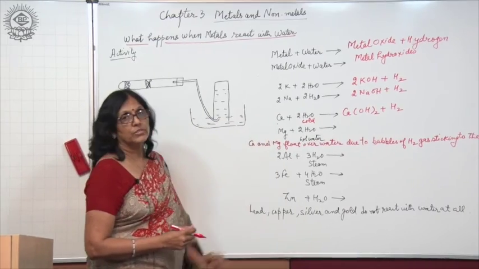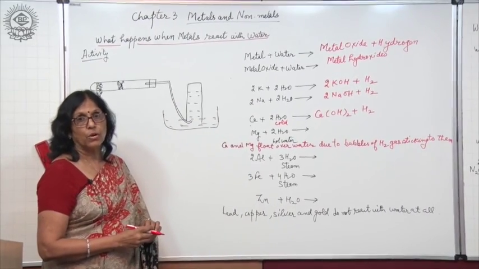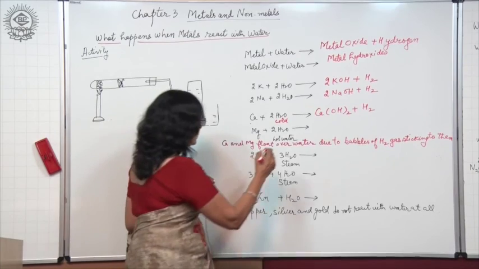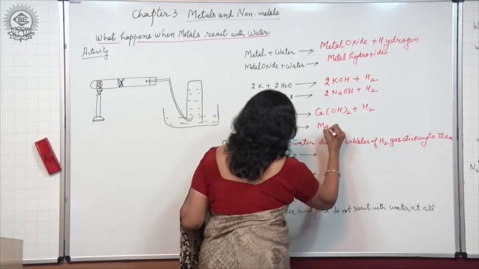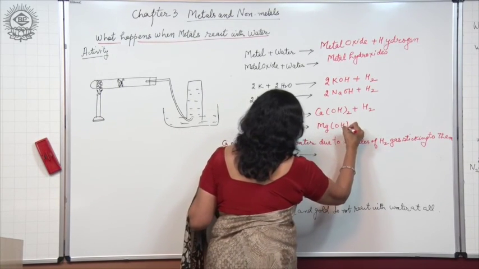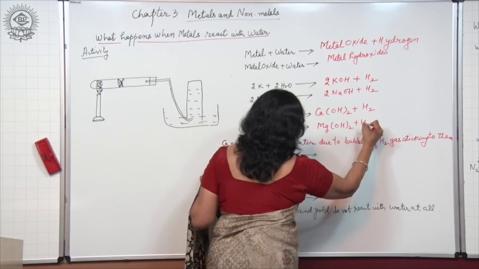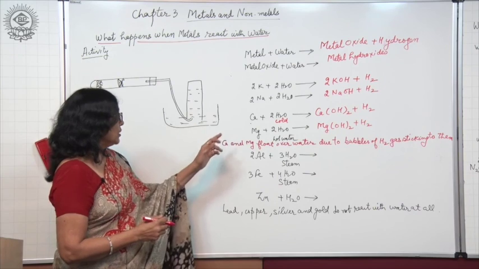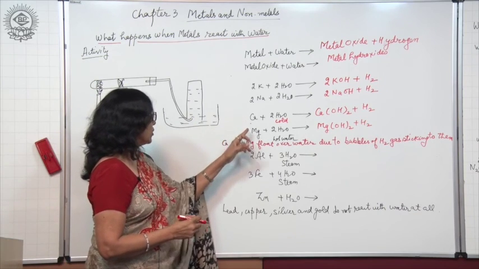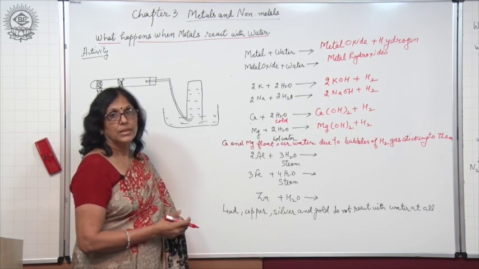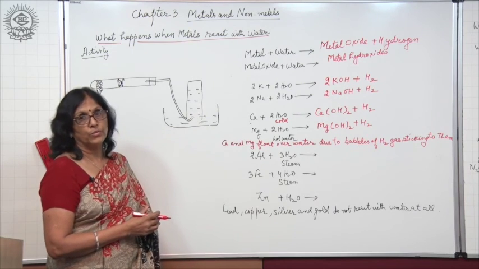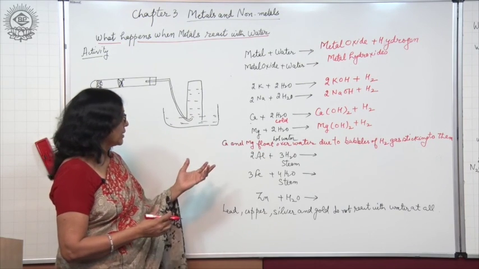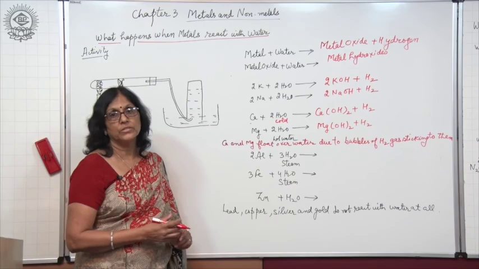Magnesium does not react with cold water, it reacts with hot water and forms magnesium hydroxide and hydrogen gas. Now, in these two cases, calcium and magnesium, they float over the surface of water, because the bubbles of hydrogen gas stick to the surface of these metals.